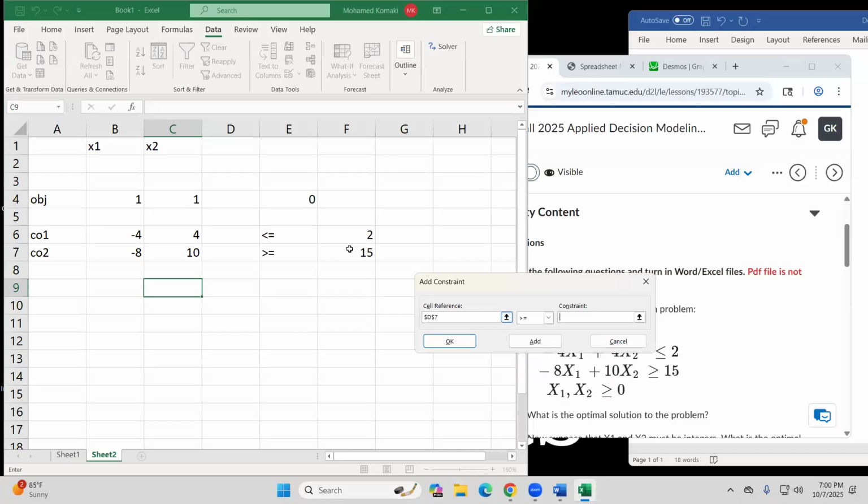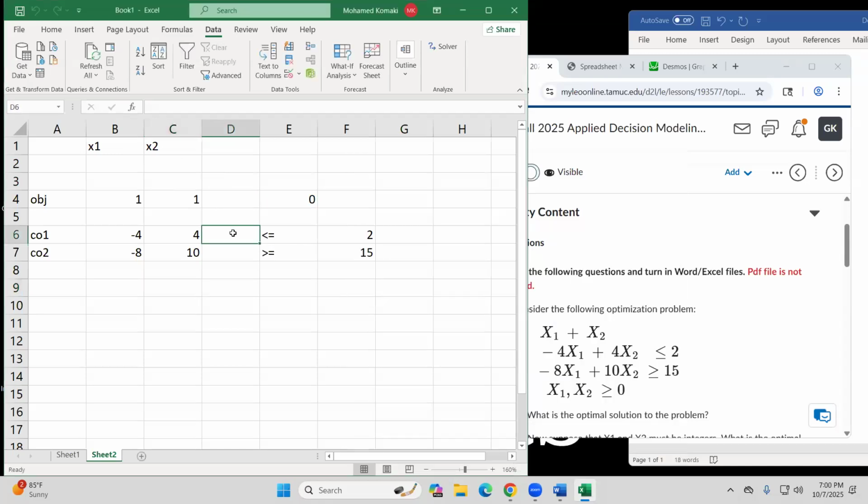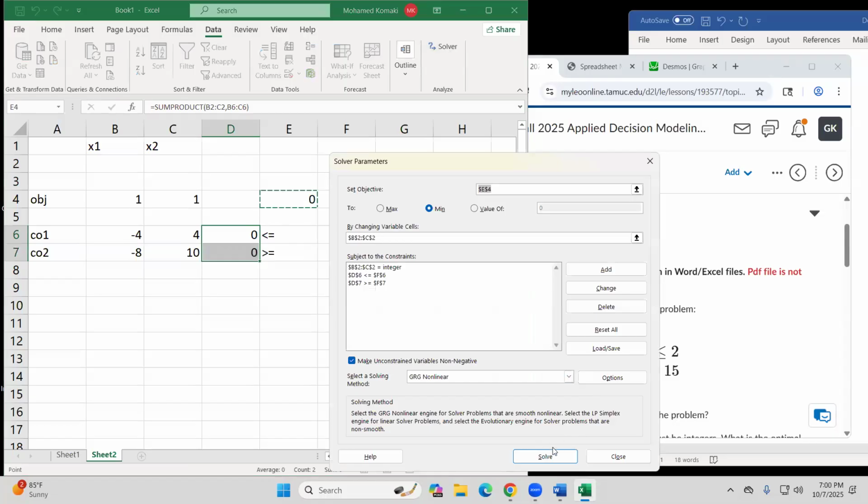So I'm going to do it in a minute. And then I add that my decision variables are integer, right? So here, I'm not going to solve it yet. So I just close it. And then I have the sum product of decision variables times the constraints coefficients, okay?